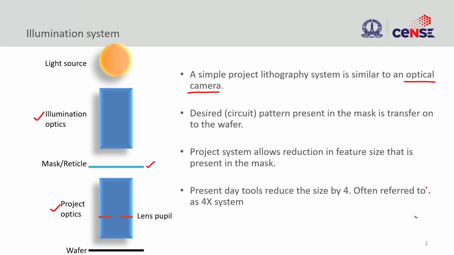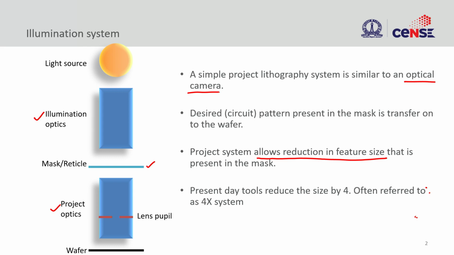There is a template that is already available, and we want to transfer this template onto the wafer. The projection system, unlike contact and proximity lithography, allows reduction in feature size between mask and wafer. This is one of the very interesting properties of a projection lithography system.